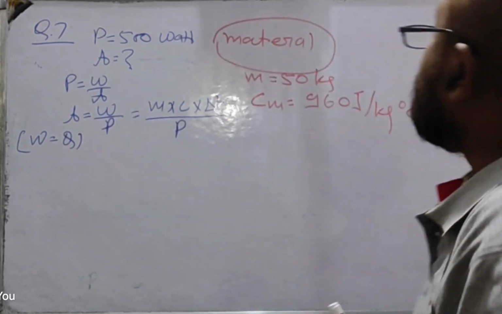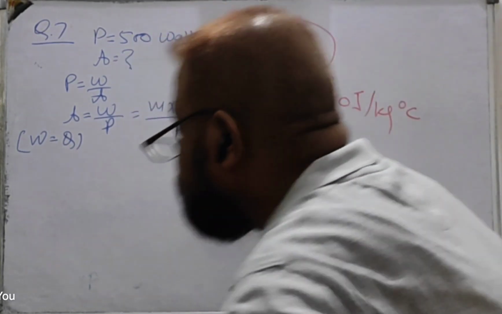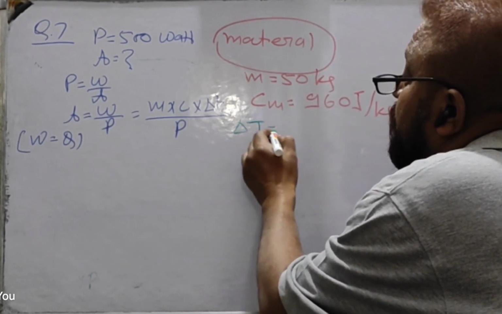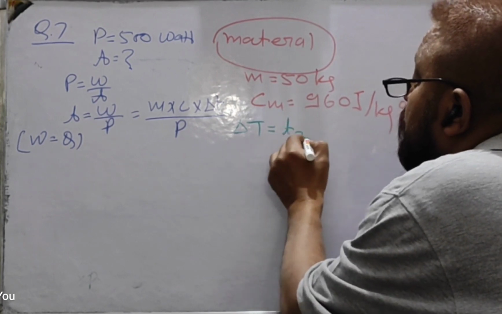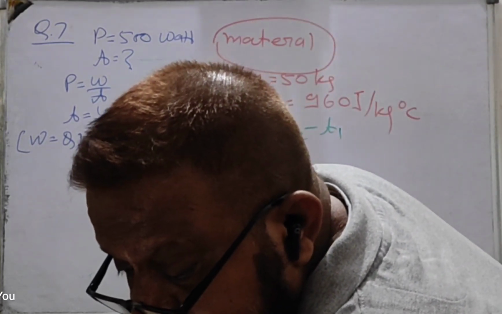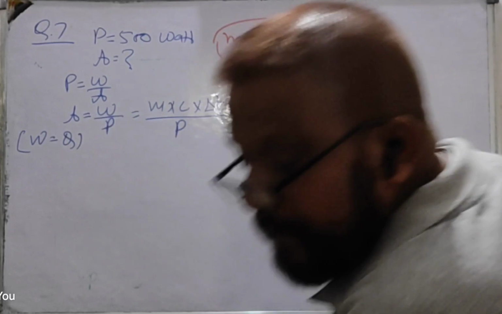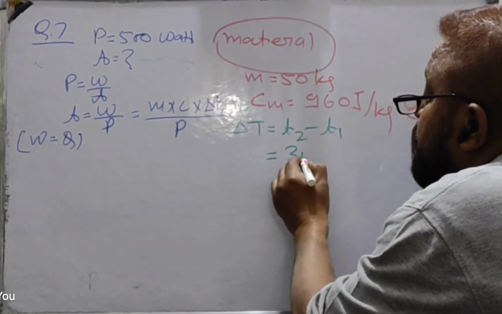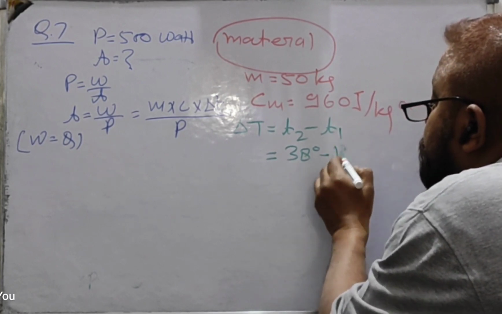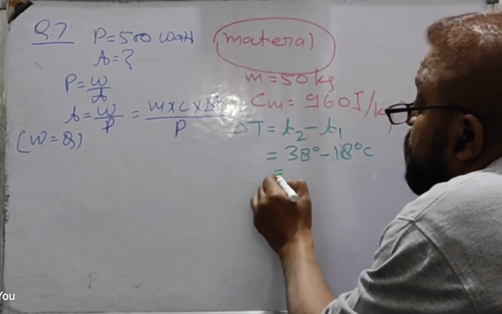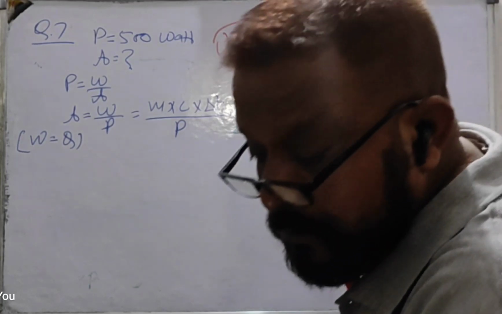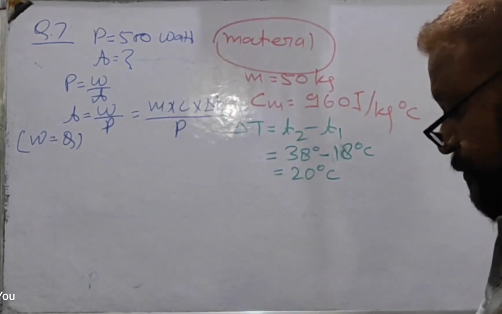And the change in temperature is equal to T2 minus T1, that is 38 degrees Celsius minus 18 degrees Celsius, which becomes 20 degrees Celsius. So the change in temperature is 20 degrees Celsius.